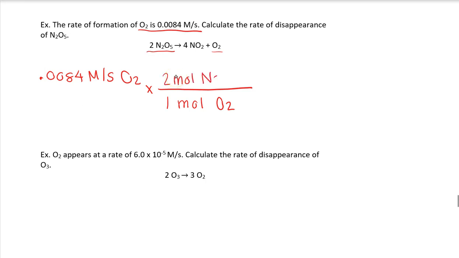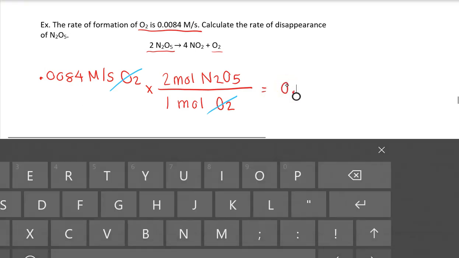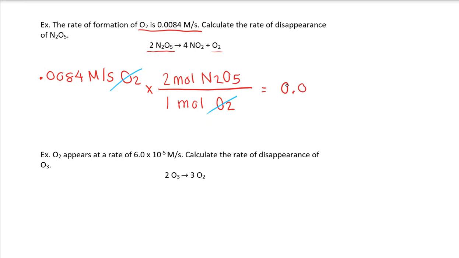And then again, whenever we are setting up any conversions, it's always important that we set up so our units are going to cancel or our substances are going to cancel. So since my given is oxygen, O2, oxygen needs to be in the denominator. And I would get 0.017 molar per second.